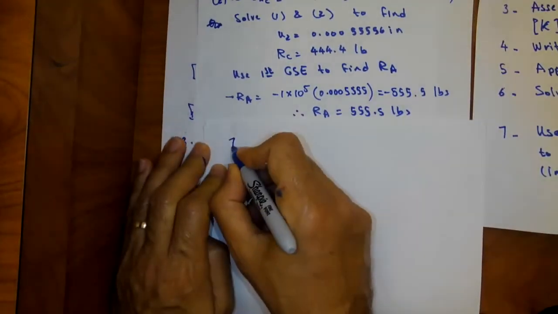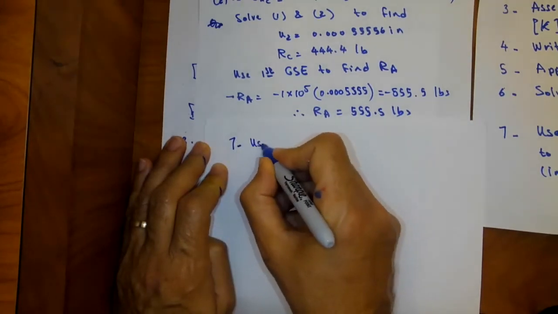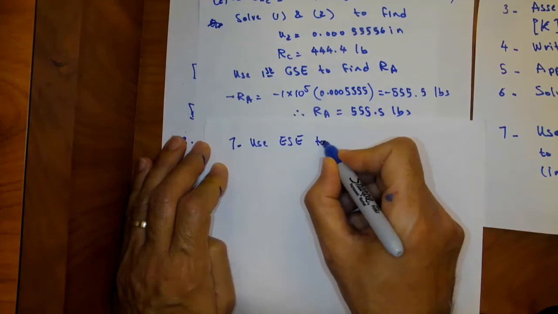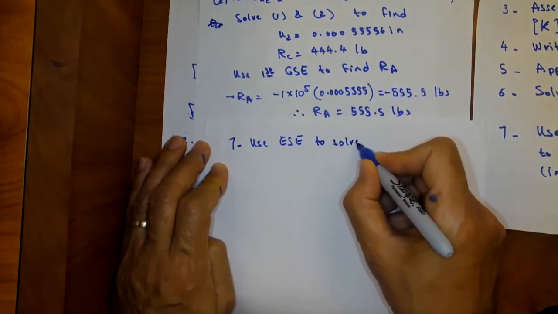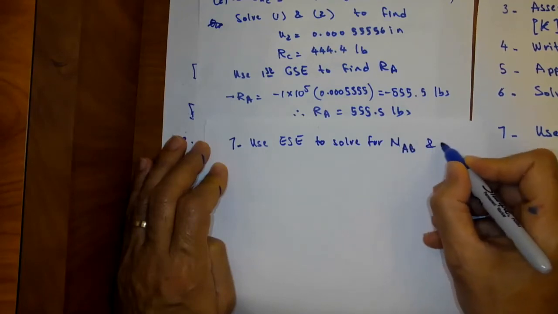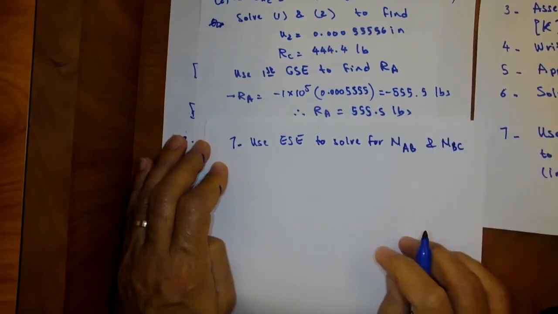So step number 7, use the element stiffness equations to solve for the internal force. In this case would be NAB and NBC.